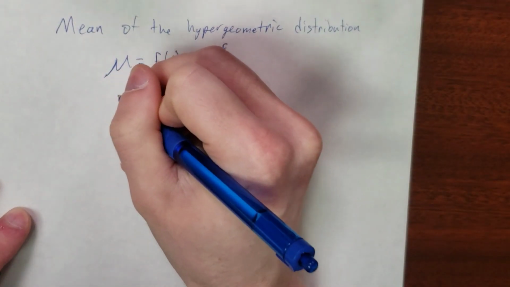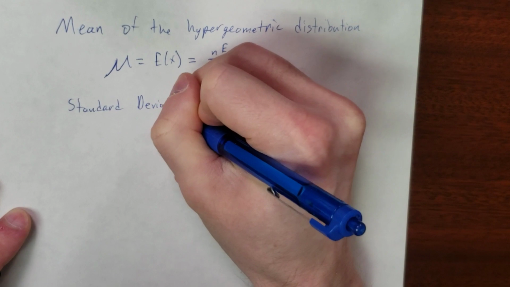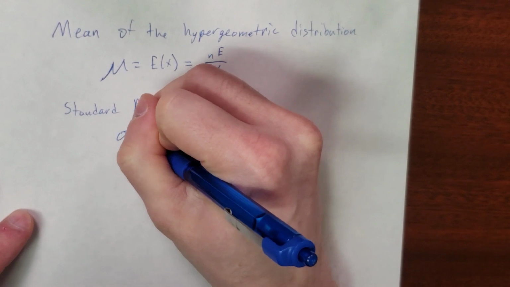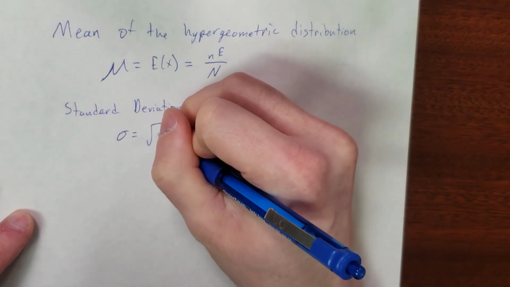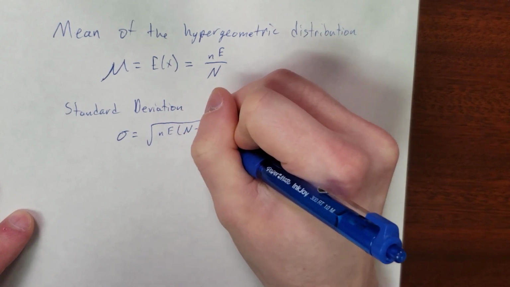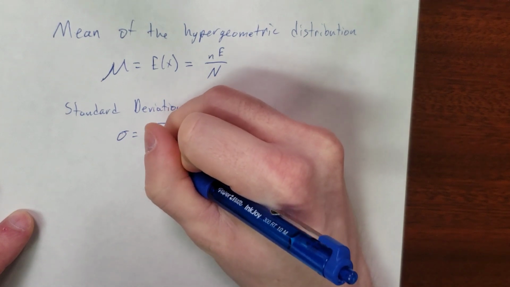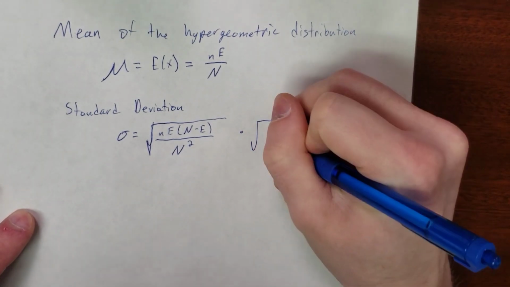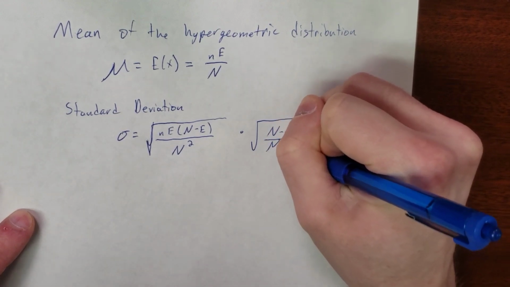And we also have the standard deviation, and this is sigma is equal to the square root of lowercase n times capital E times capital N minus E divided by capital N squared, and this is multiplied by the square root of capital N minus lowercase n over capital N minus 1.